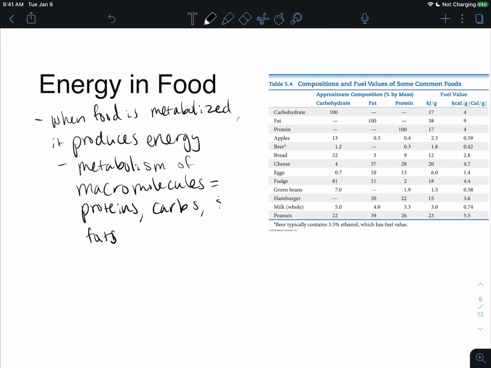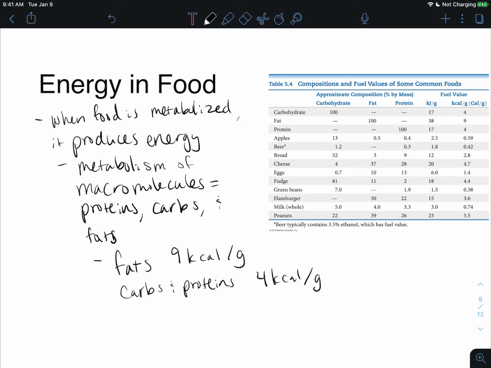Okay? So, fats are going to have 9 kilocalories of energy per gram. Carbohydrates and proteins have 4 kilocalories per gram.